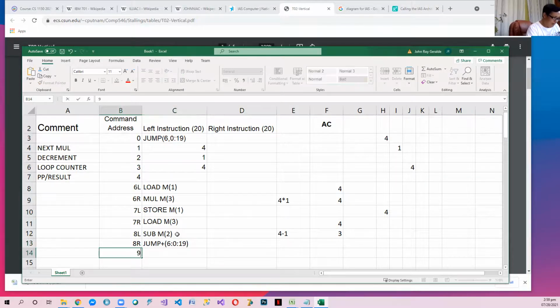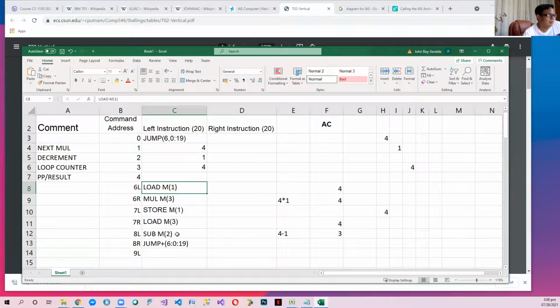And 9L, this is our halt. Anyway, we'll try to do that, no? Let's check. Load M1. And then mul M3. It's 4 times 1.